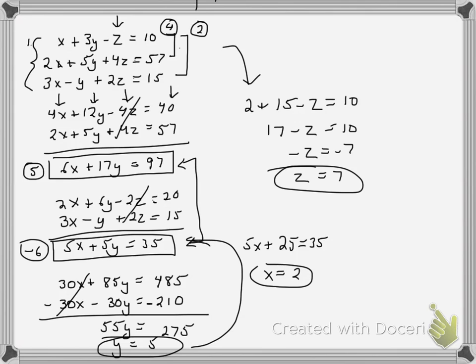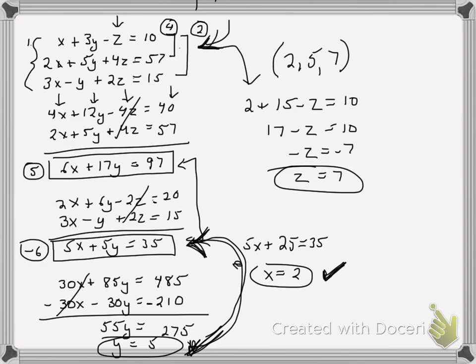And to check that, you would plug in 2, 5, 7 for all three of the original equations. So what I've done is I've solved for my y down here, y equals 5. Then I plugged back into one of the two variable equations to get x equals 2, and plugged both the y and the x values into one of the three variable equations.